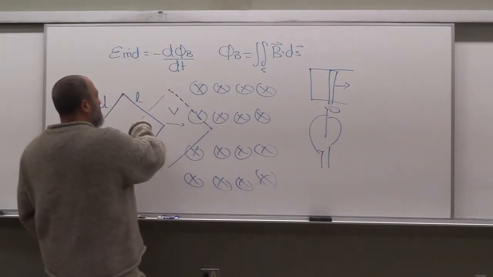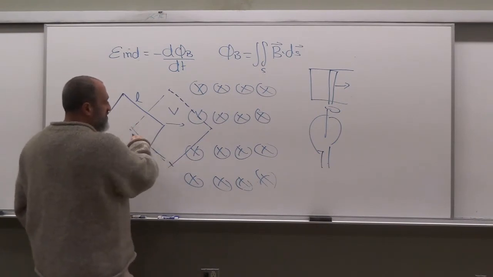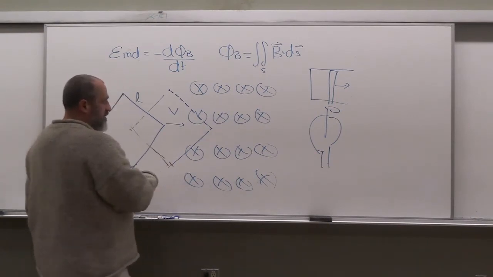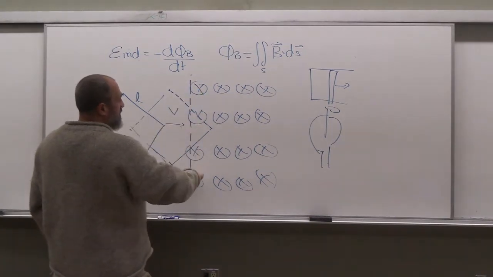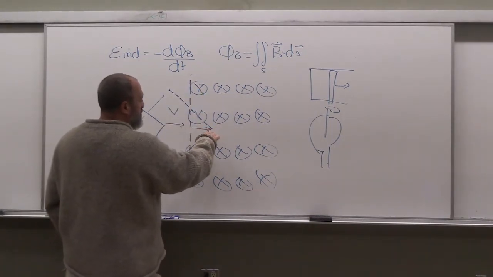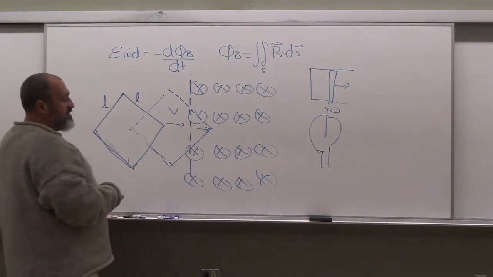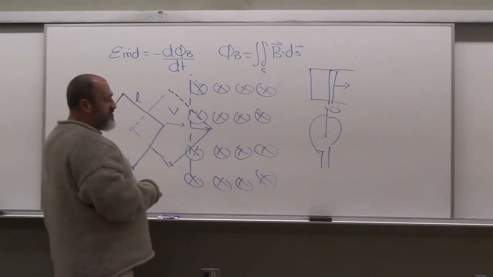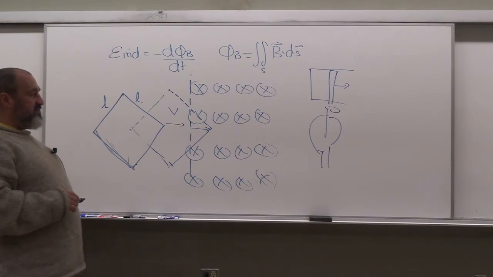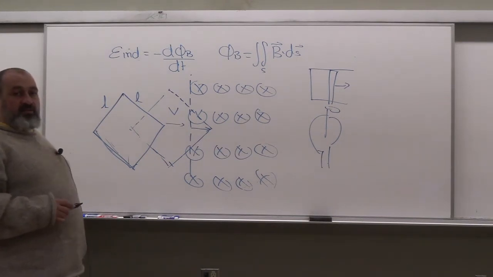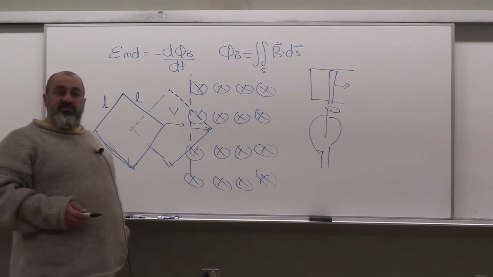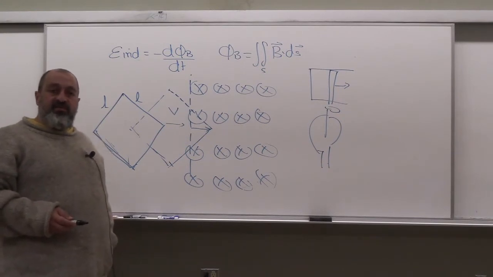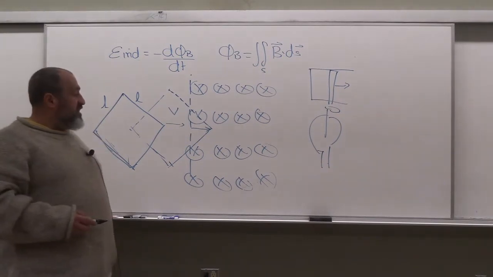How do we now parameterize this? Let's say it has entered here. This part of the loop is inside the field. Pause for a minute now and see if you can find out A, which direction the current will flow in, and B, what is the value of the EMF induced as you do this.